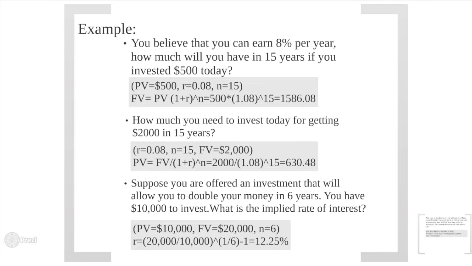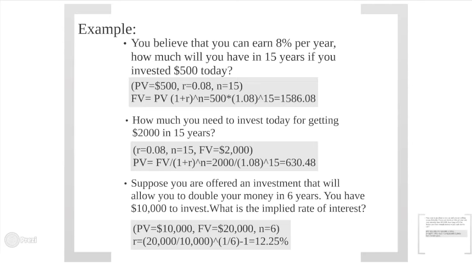And here is another example. Suppose you are offered an investment that will allow you to double your money in 6 years. You have 10,000 to invest, and what is the implied rate of interest? So for this question, we can find that the present value is 10,000 and the future value is 20,000 since the money in the future doubled.